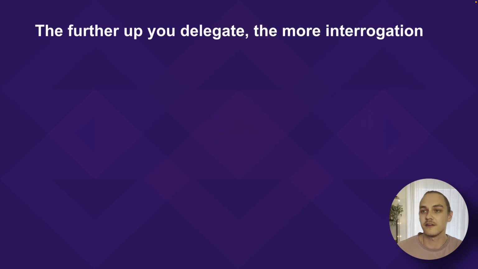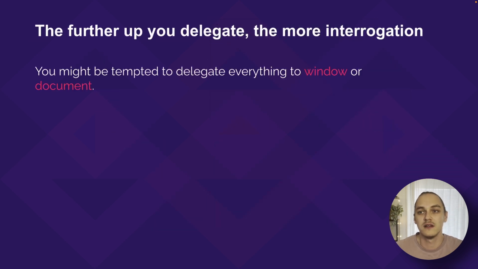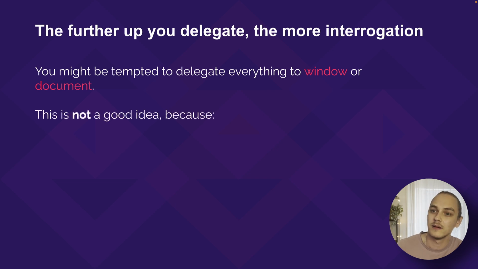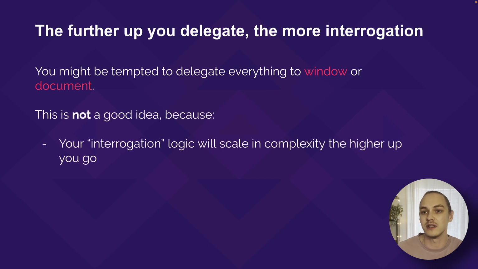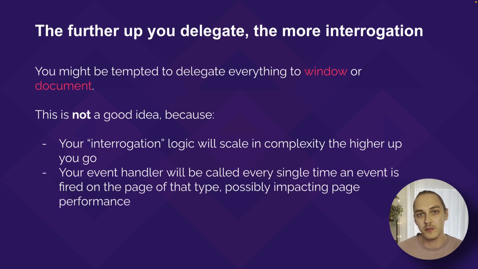The thing is that the further up you delegate, the more interrogation needs to be implemented. You might be tempted to delegate everything to window or document to minimize the amount of event listeners that you need to add. But the thing is, this is not a good idea because your interrogation logic will scale in complexity the higher up you go, and on top of this, your handler will be called every single time an event is fired on the page of that type, possibly impacting page performance.